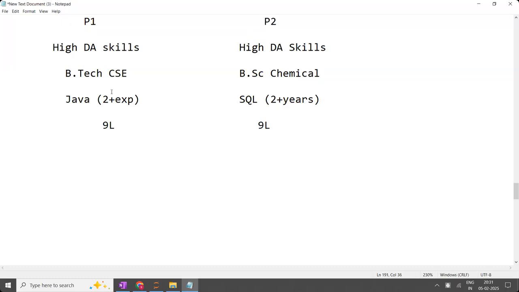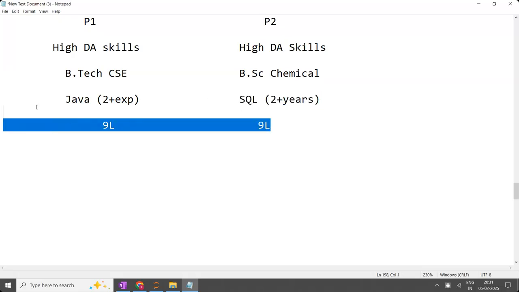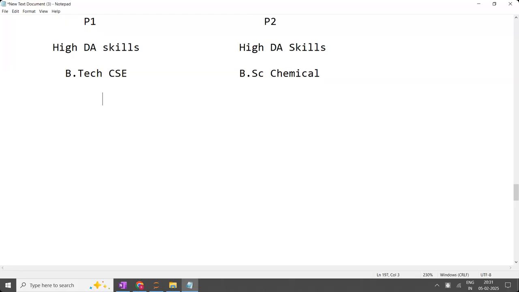Now, BTech computer science and BTech chemical, and now again. This BTech computer science person's knowledge is the same, and he is expecting 4 lakhs or 5 lakhs, some number. And the BTech chemical person also has a 2 years gap, and he is expecting around 2.5.